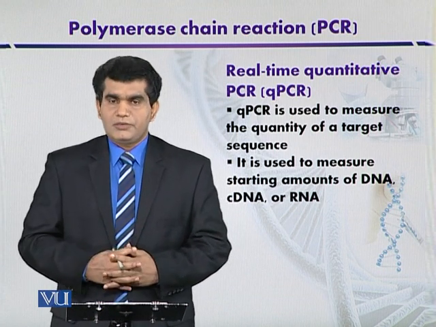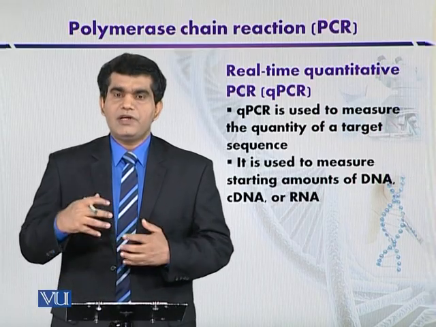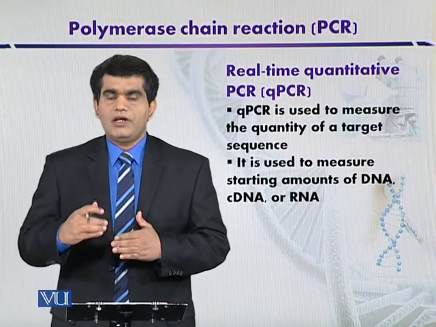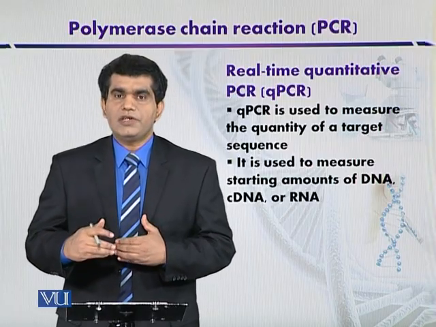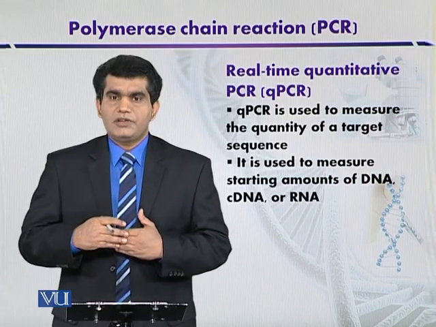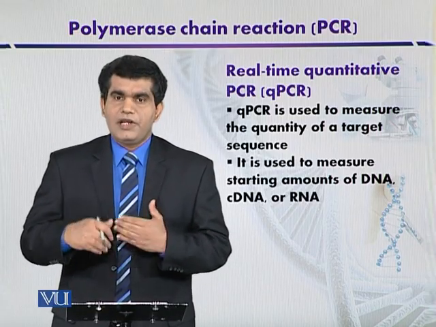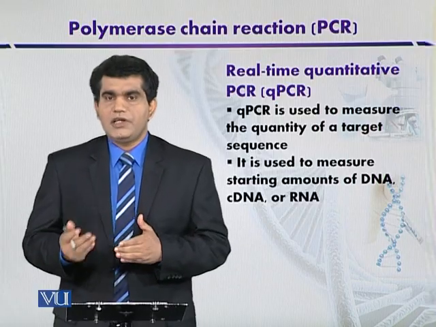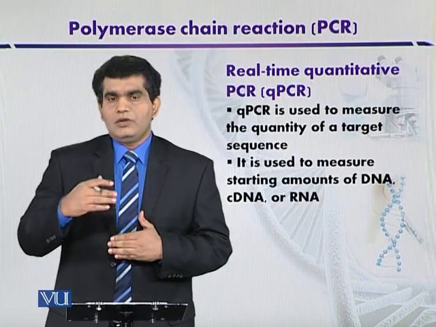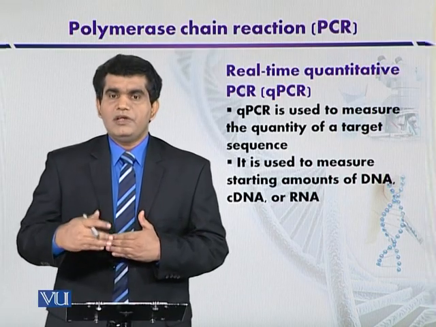Under certain circumstances, it is advantageous or desirable that we have an idea about the starting concentration of the nucleic acid. कि अगर स्टार्टिंग कंसंट्रेशन ज़्यादा है टेम्पलेट डीएनए की या cDNA की या आरएनए की, तो आफ्टर पर्टिकुलर साइकिल जो कंसंट्रेशन है वो भी ज़्यादा होगी.